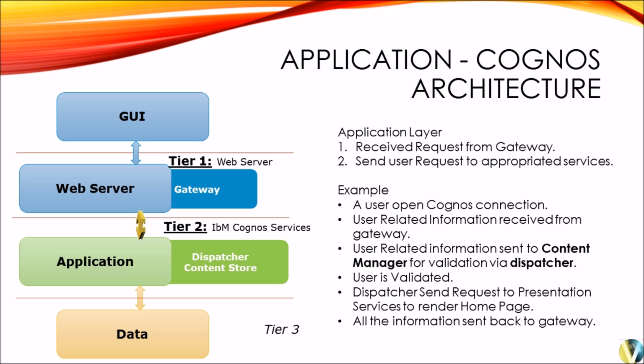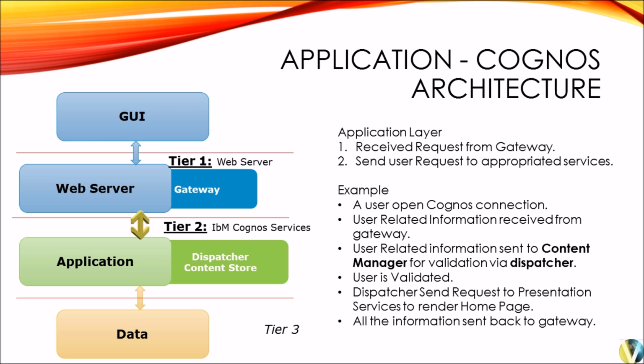For example, a user opened Cognos Connection and provided his login credentials or user-related information. The gateway receives all this information, encrypts it, and passes it to the application server for validation. Once the application server receives all this information, it passes it to the content manager for validation via the dispatcher.